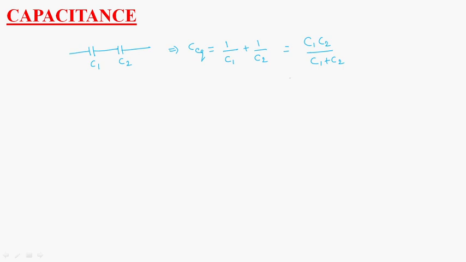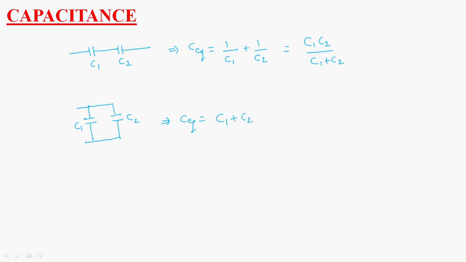And if two capacitors C1 and C2 are connected in parallel, then the equivalent capacitance C equivalent will be C1 plus C2.